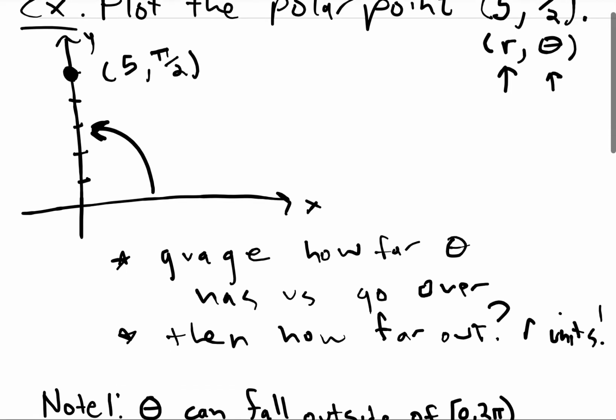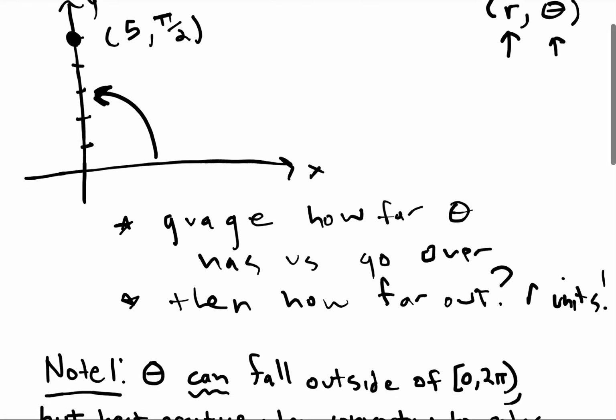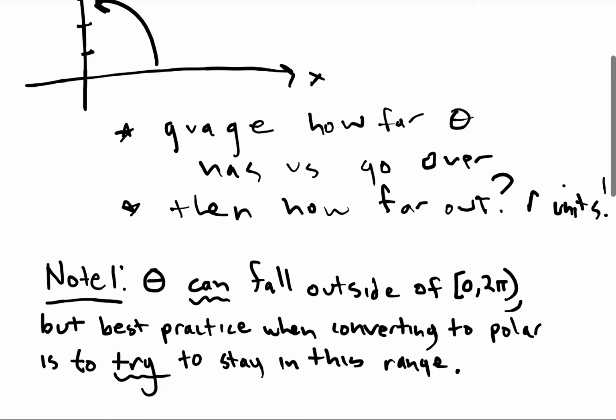Okay. Now, some comments on this. Got two notes for you. First off, in that past example, I did give you two positive values. I don't necessarily have to give you a positive number for this theta. Typically, if we're trying to stay within a standard range of angles, best practice is for us to stay within 0 to pi. You don't have to do that.